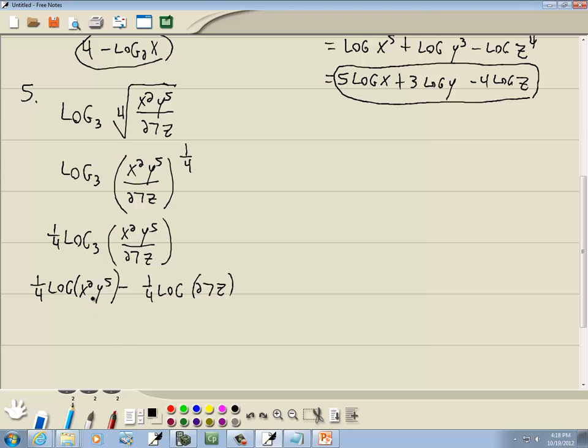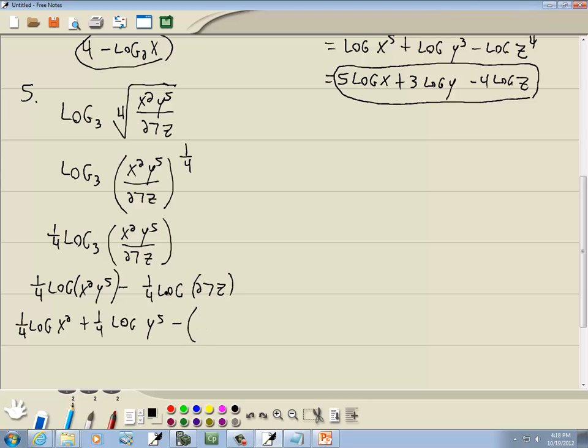Okay, look at our first parentheses here with the log. We have x squared times y to the fifth. The main thing that's happened is multiplication. And again, as I rewrite this, we rewrite multiplication as addition. I have to put the 1/4 out in front of each log. So we've got 1/4 log x squared plus 1/4 log y to the fifth minus.